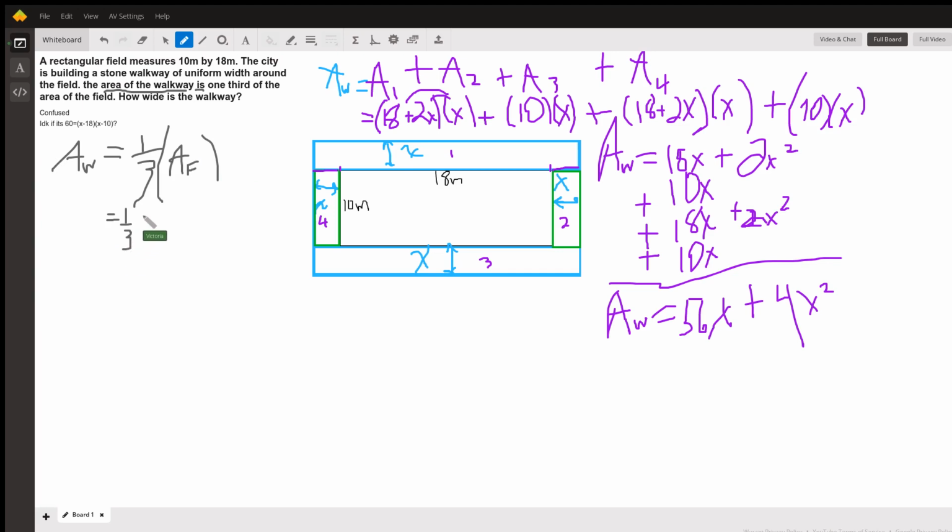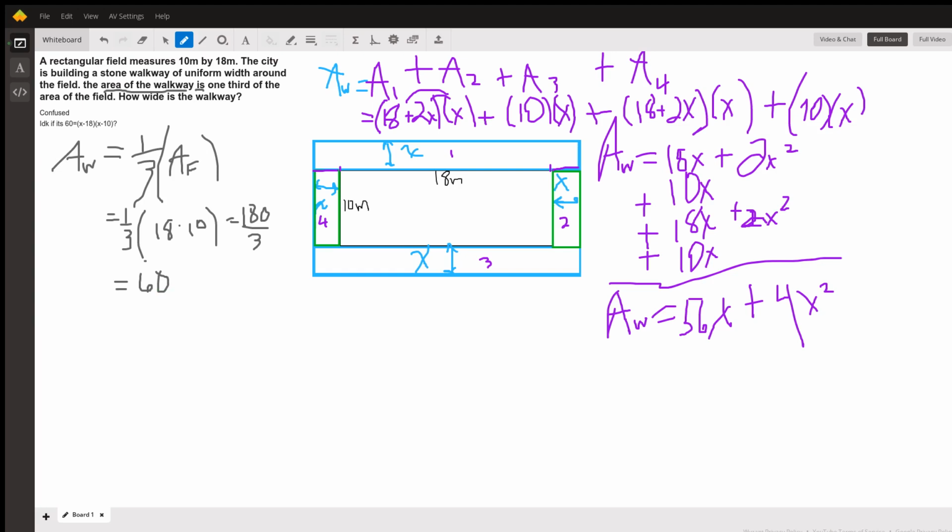The area of a rectangle is length times width. Do the parentheses first, it's 180, then divide by 3. So we get the area of this walkway is 180 divided by 3 is 60, and the units are meters squared, but we don't care about that.